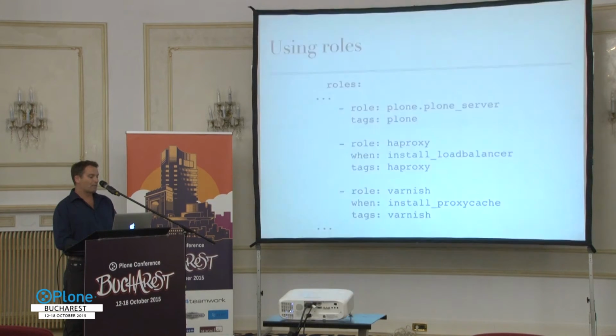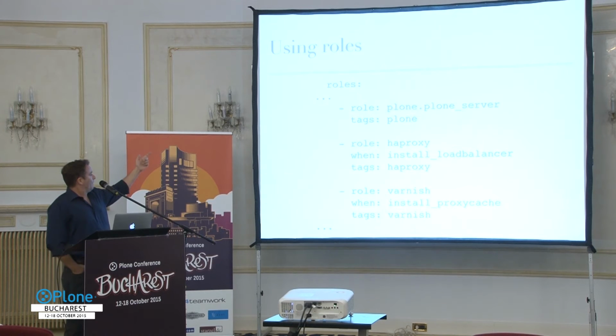This is just a fragment of it, of course, but it just lists all the roles that we want to use. And each role, again, is a playbook. So there's nesting that way. And these are pieces of a Plone server that we want to install. So you see, we want to install Varnish, HA proxy, and Plone itself.